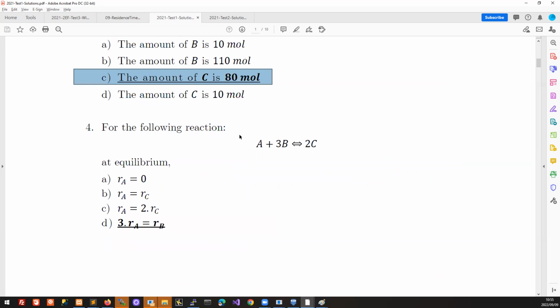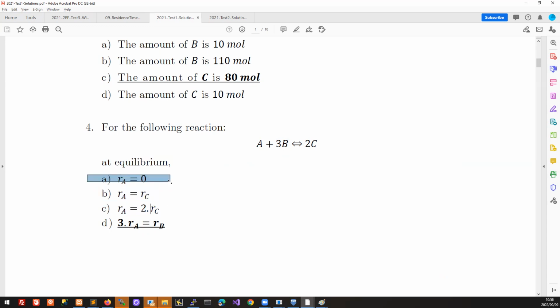In terms of at equilibrium here, we can see that at equilibrium, the rate at which B is consumed will equal 3 times the rate at which A is consumed. So that's true. And also the amount of C formed will be twice the amount of A. So it's not this one.